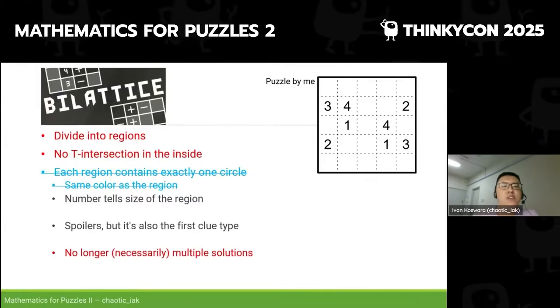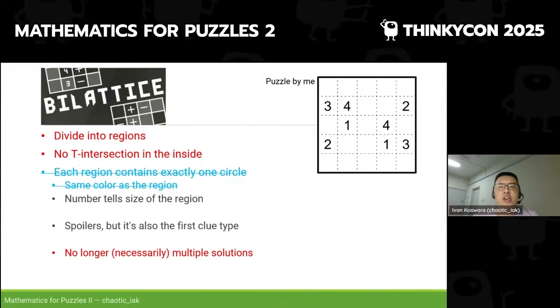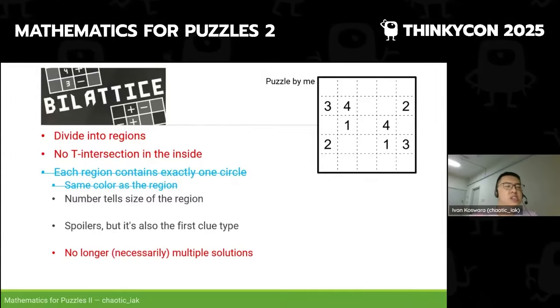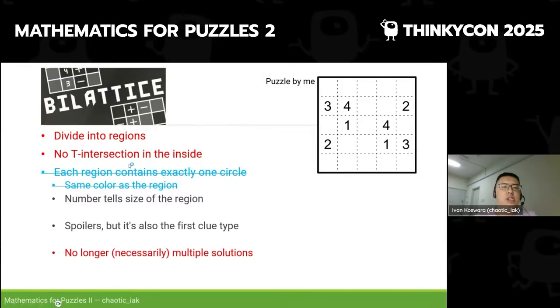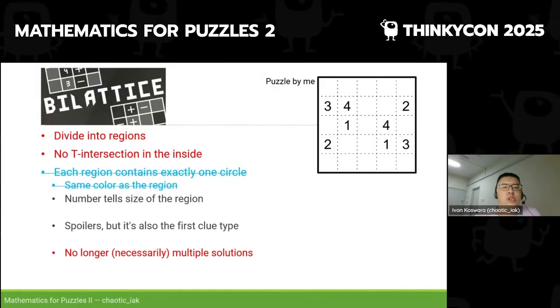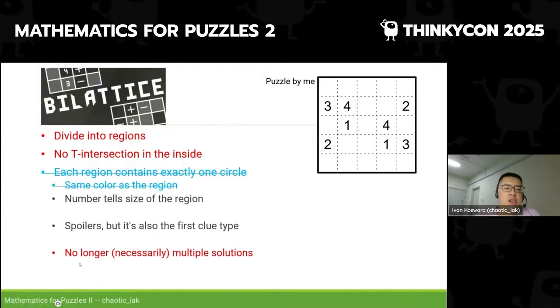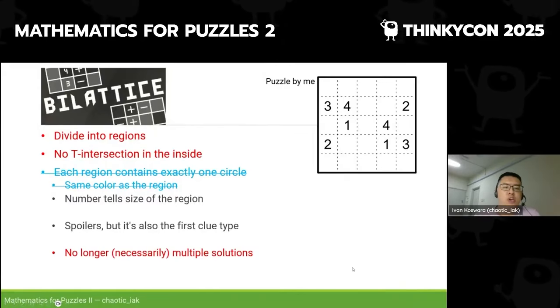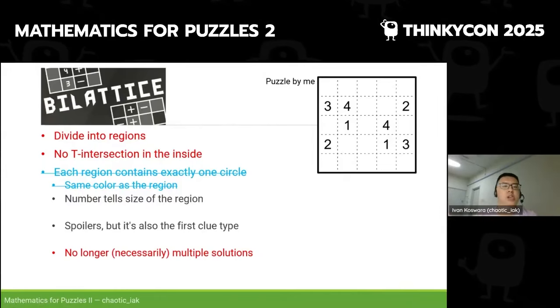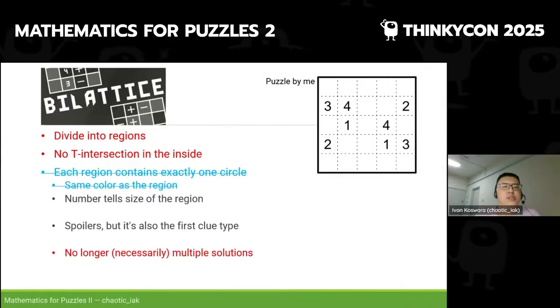Strictly speaking, divide into regions of black and white and same colors cannot be adjacent, but as we know earlier, it is basically the same thing as no T intersection in the inside of the grid. So divide into regions, there is no T intersection inside, and then we no longer necessarily have multiple solutions, because inverting the colors just gives the exact same regions.